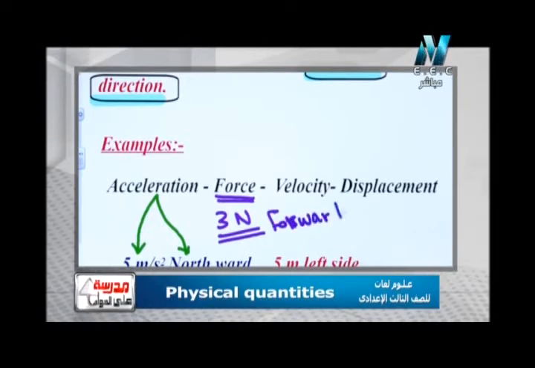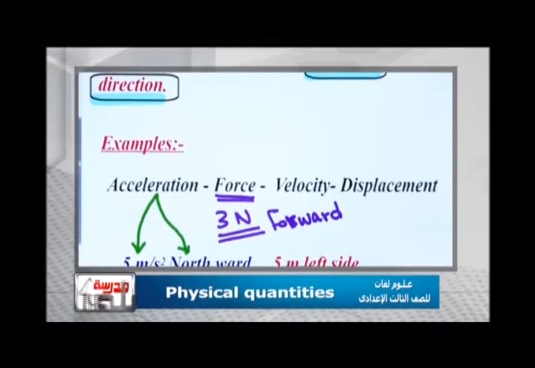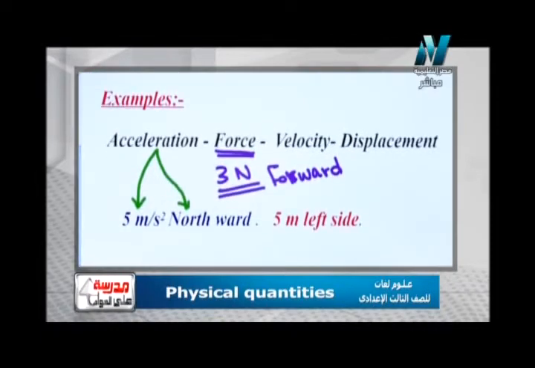As we see in front of us, here we have velocity. الفرق ما بينها وما بين السبيد ايه؟ Velocity also has magnitude and direction, and we have another difference in the definition that we will learn after a while. But here we have, for example, velocity with the same measuring unit, 3 kilometers per hour.